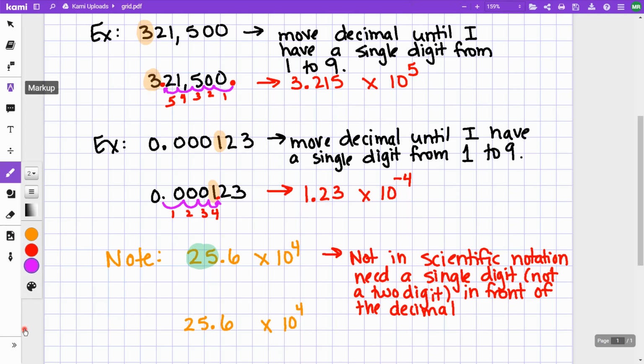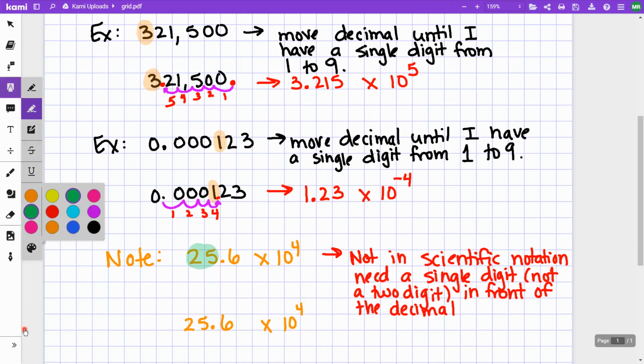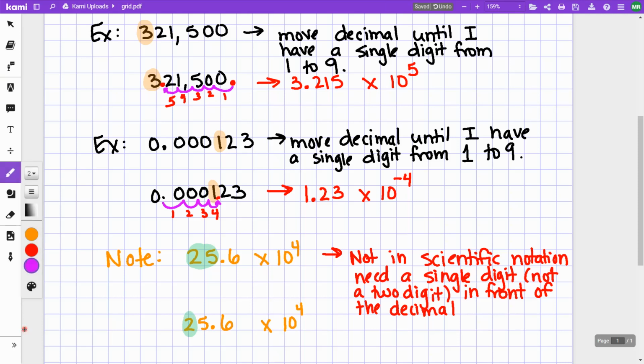I need a single digit in front, and that single digit would be the 2, not the 25. That's a double digit. So I'm going to move it one place, and my decimal would now be here. So what that means is this new number would be 2.56 times 10.